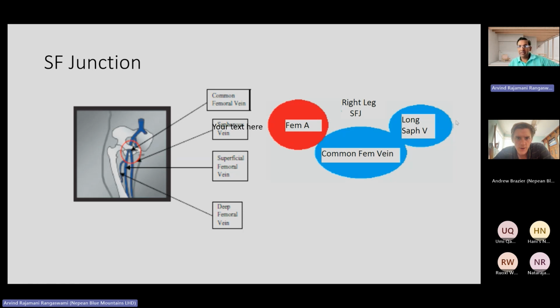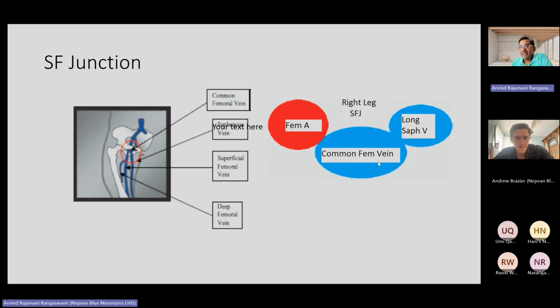Andrew might be doing a scan of the nerve for femoral nerve blocks, and the anatomy is exactly the same. As far as we are concerned, the configuration we are going to look for is the relationship between the femoral artery and the two veins of our interest.